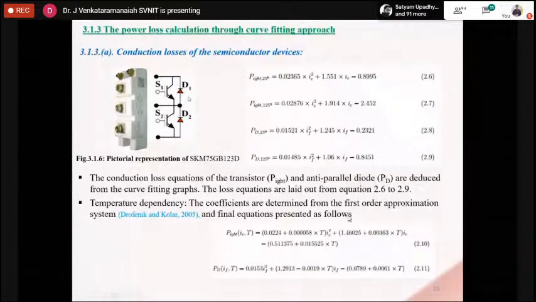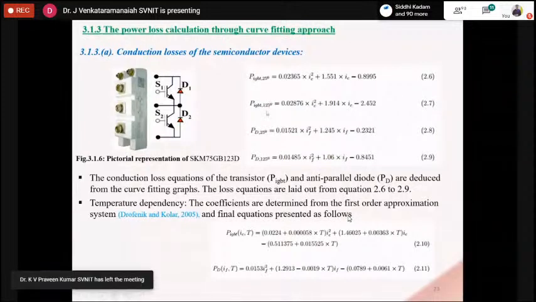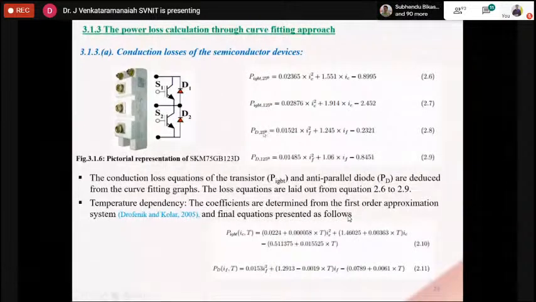We should have equations for all 4 semiconductor devices. This is the IGBT conduction loss equation at higher temperature, so maximum temperature 125 degrees. Likewise, for the diode, there are equations for the 2 extreme temperatures.